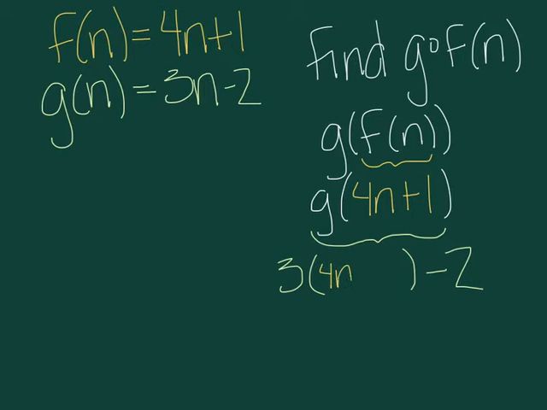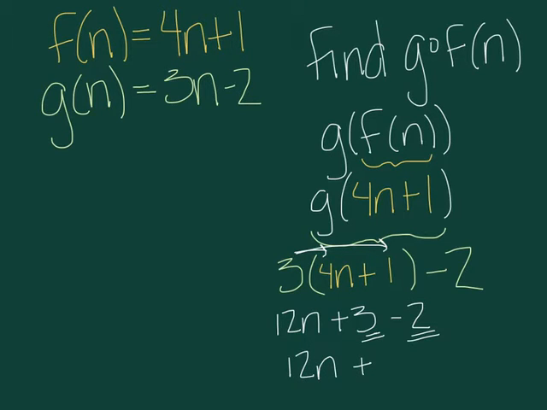So 4n plus 1 replaces the n in g of n. We've got distributive property here. 3 times 4n is 12n. 3 times positive 1 is a positive 3. And we'll bring down the negative 2. Combine like terms, and we have 12n plus 1 equals g of f of n.